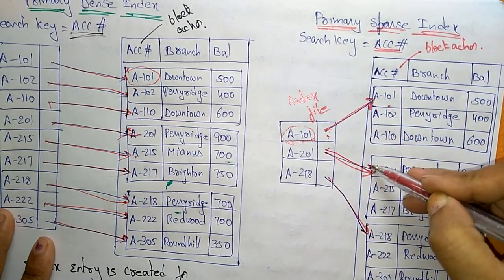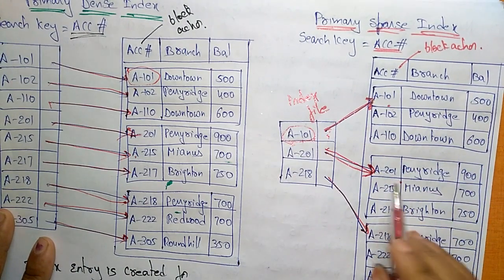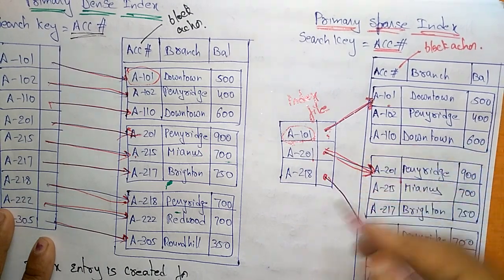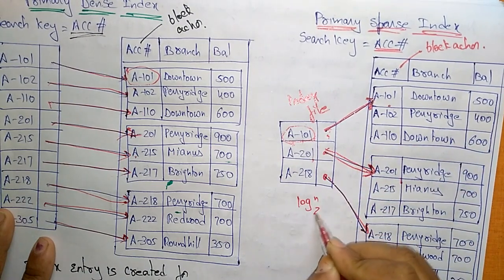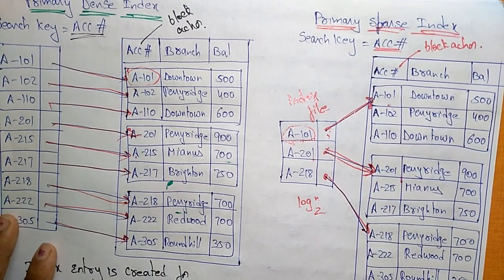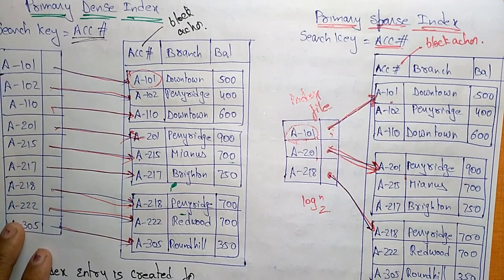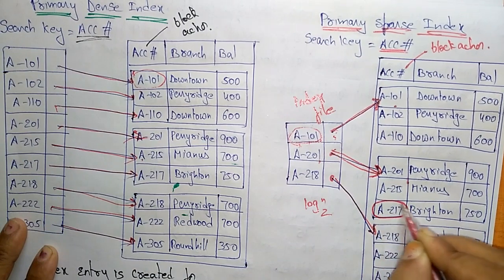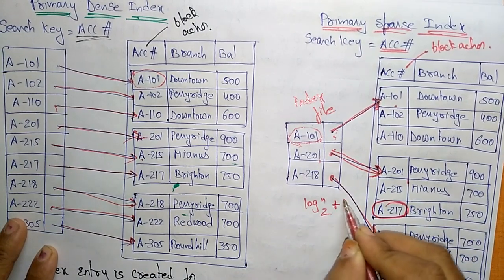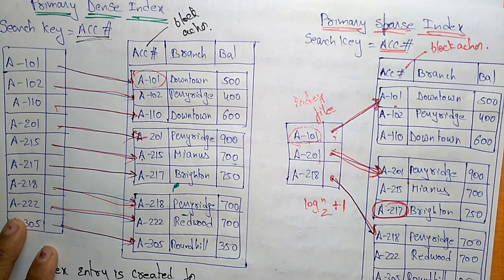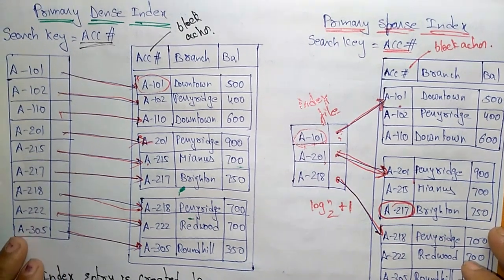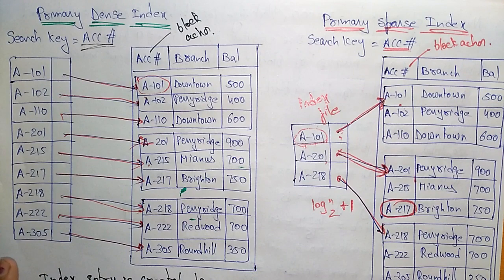Here also the search is log n to the base 2. If you want to reach a particular record in the block, you just add +1, meaning one more search to go to that particular record. So this is a primary sparse index.